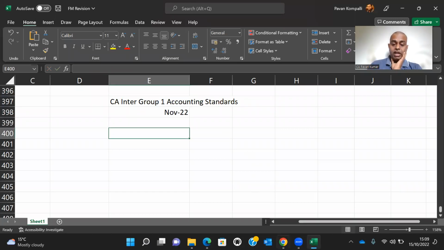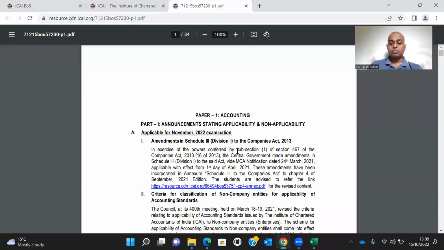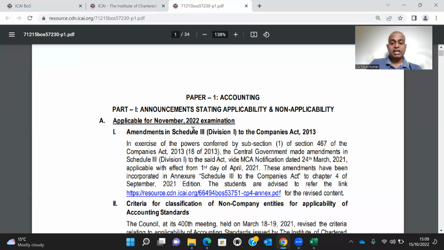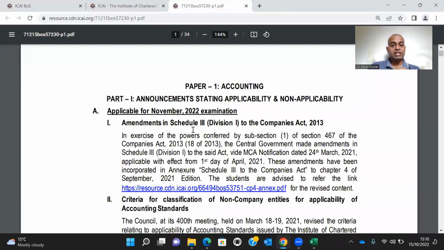Okay, so let me open our beautiful ICAI study material. I have downloaded this from the ICAI website. You can go to icai.org, then Students, then Board of Studies, and in that go to RTPs, revision test papers. There you can download either subject wise or attempt wise.